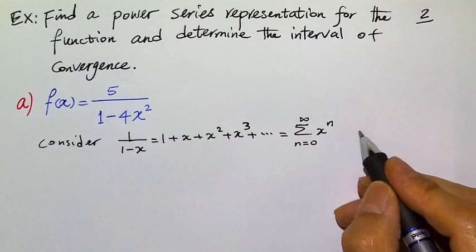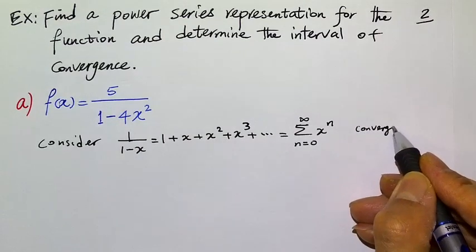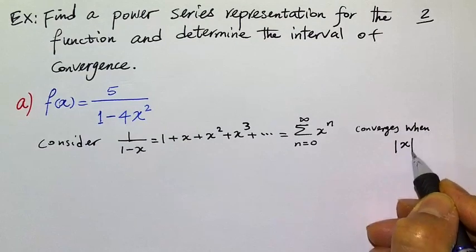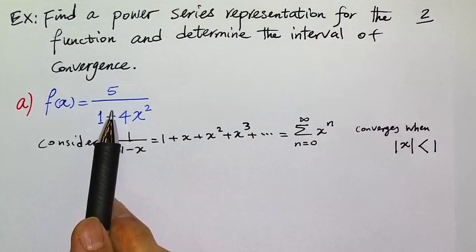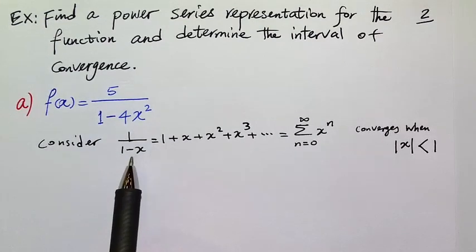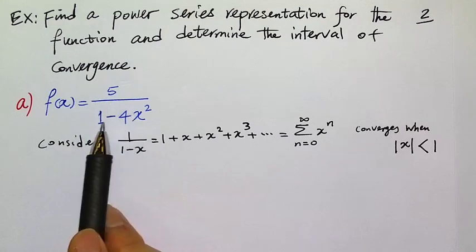And this, of course, converges when absolute value of x is less than 1. Okay? So the function that we have can be written in a similar format. In other words, we're going to use this format to rewrite our functions.